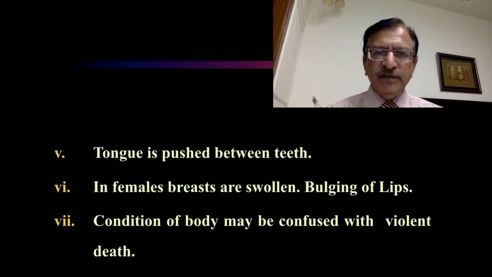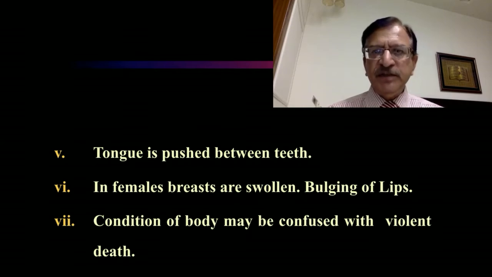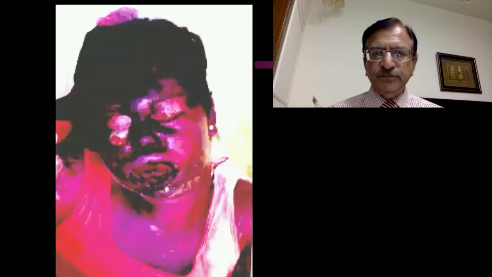The tongue is pushed out, and in females, the breasts are swollen, and there is bulging of the lips, and the condition of the body can be confused with some homicidal blunt trauma. This is how the features are swollen, the tongue is protruding, and recognition or identity becomes difficult.